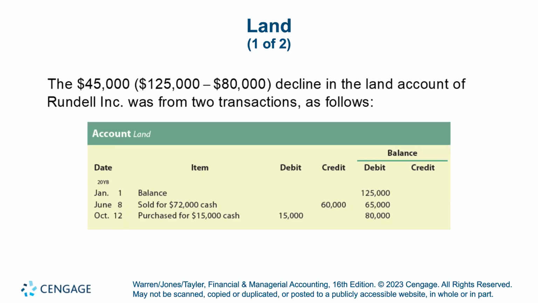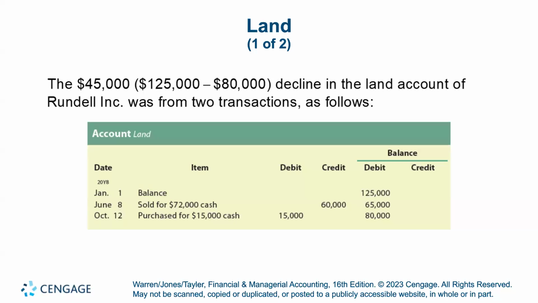So even though the balance of our account changed by $45,000, what really matters here is that we got $72,000 in cash and then we paid $15,000 in cash. That's going to be our actual change in cash. Okay.